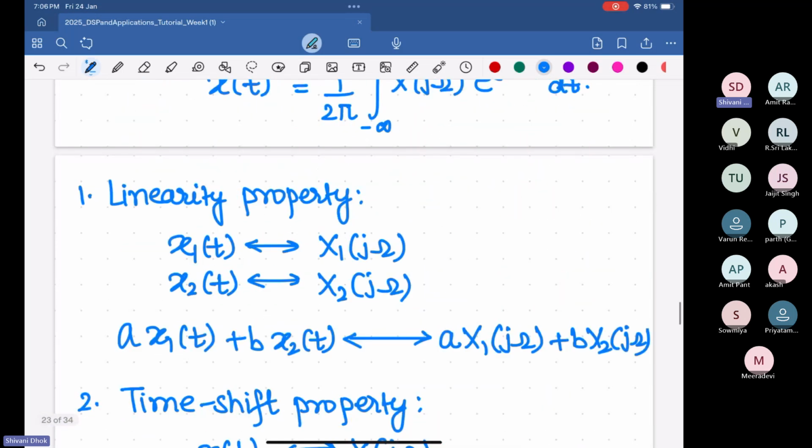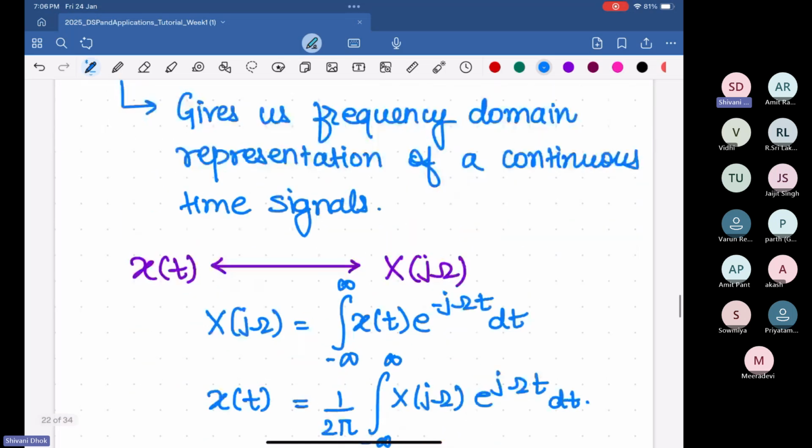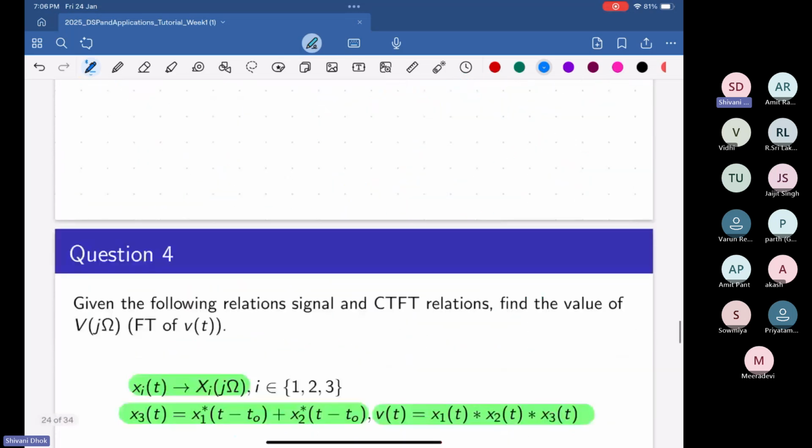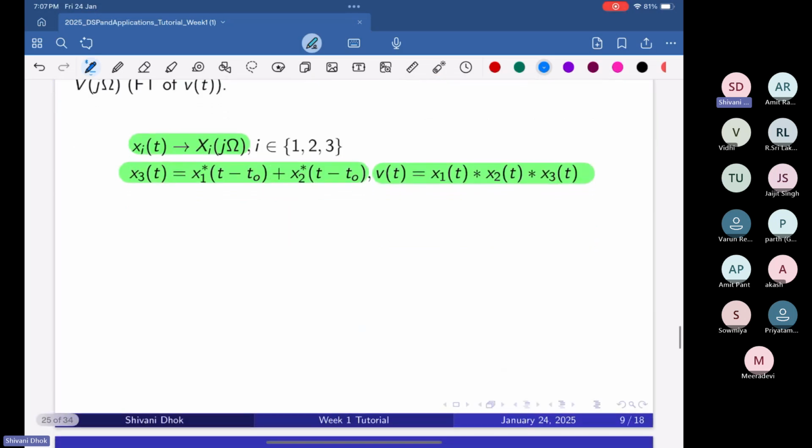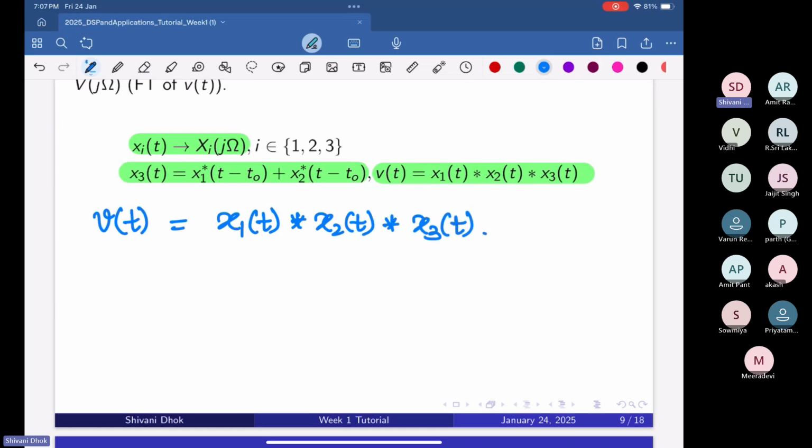So this is just a short recap of continuous time Fourier transform. Since the next question is related to this, I thought let's take up these things first. What is given to us is v of t is x1 of t convolved with x2 of t convolved with x3 of t.